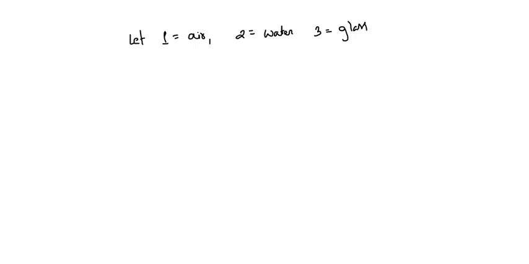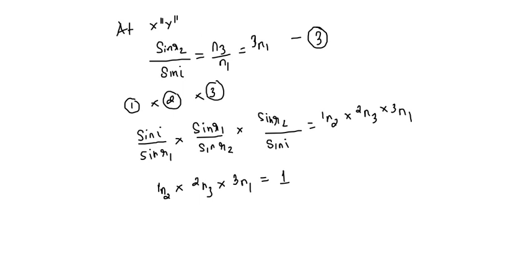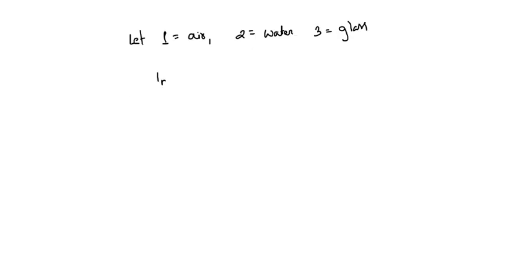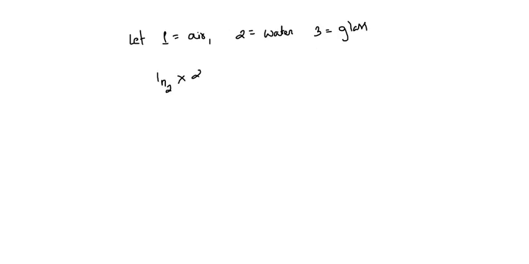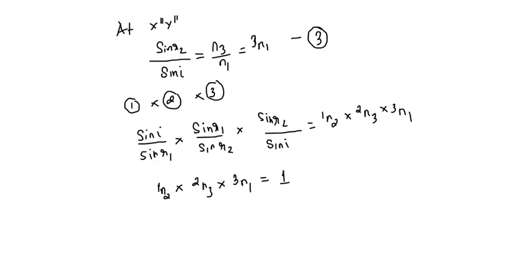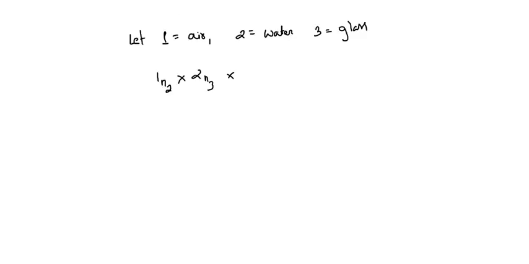So our relation is an2 into wn3 into gna equals 1. Now let us take a side note here. You see, so an2 can be written as what?